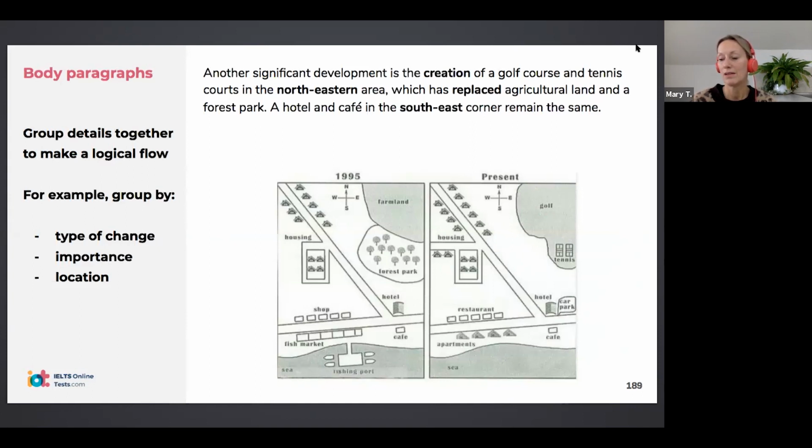Southeast corner, remain the same, that's right. But then it adds another change. So something, a car park has been to the hotel. While is okay. Well, it's sort of okay. It would have to be in the same sentence though. However, that's right. However, a car park has been added. Yeah, good.